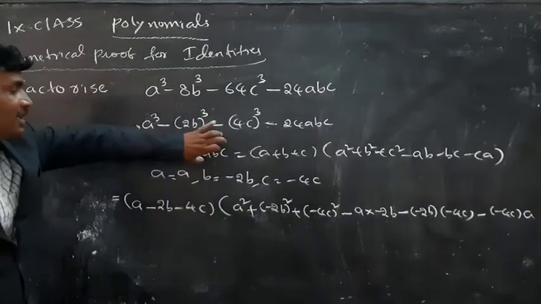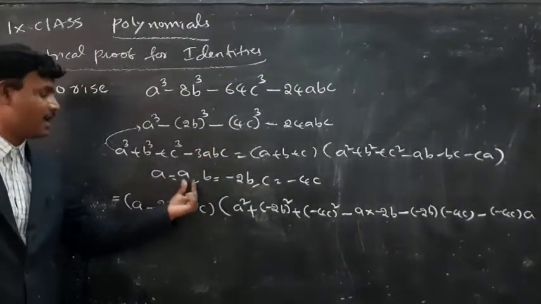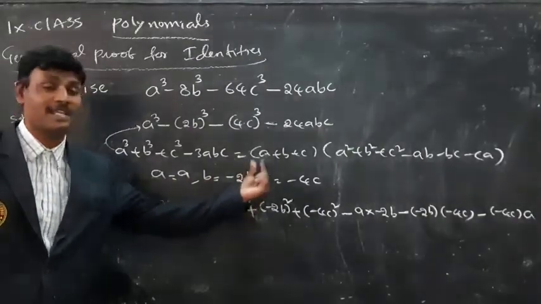Simple. So in this identity, I took a as a, b as minus 2b, c as minus 4c.